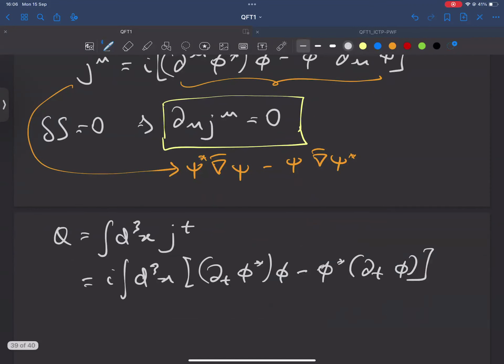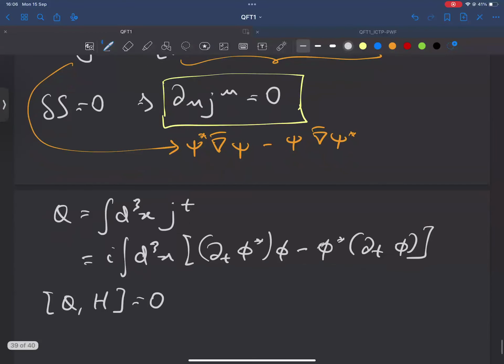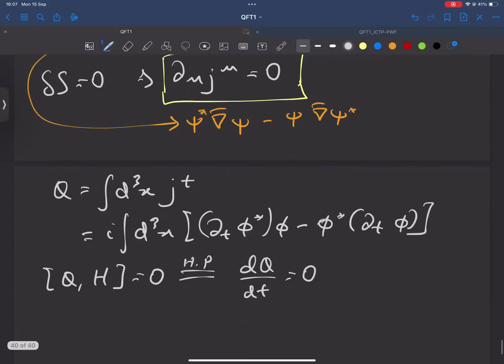Okay, and later when we quantize the theory, we will see that this will actually commute with the Hamiltonian, which, as you know, in the Heisenberg picture is saying that this thing is zero, right? So all of this will fit in nicely when we quantize the theory, but at the moment we have only seen the classical version, which is that we have a conserved current.